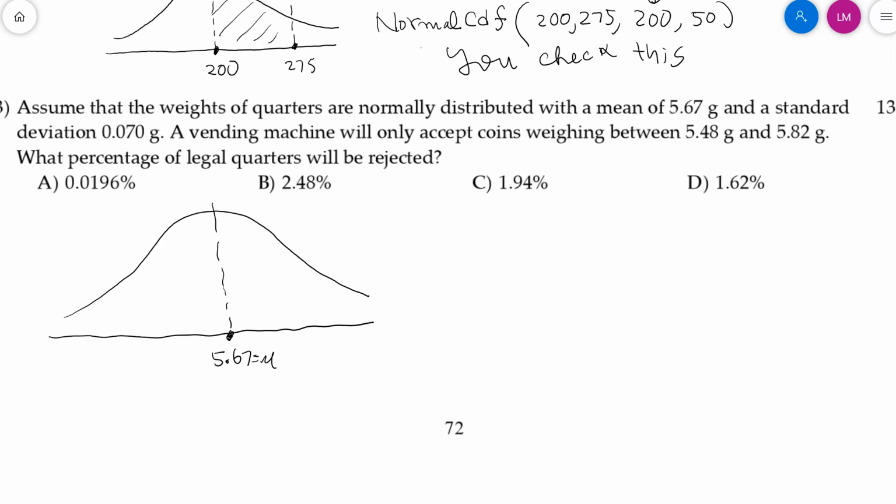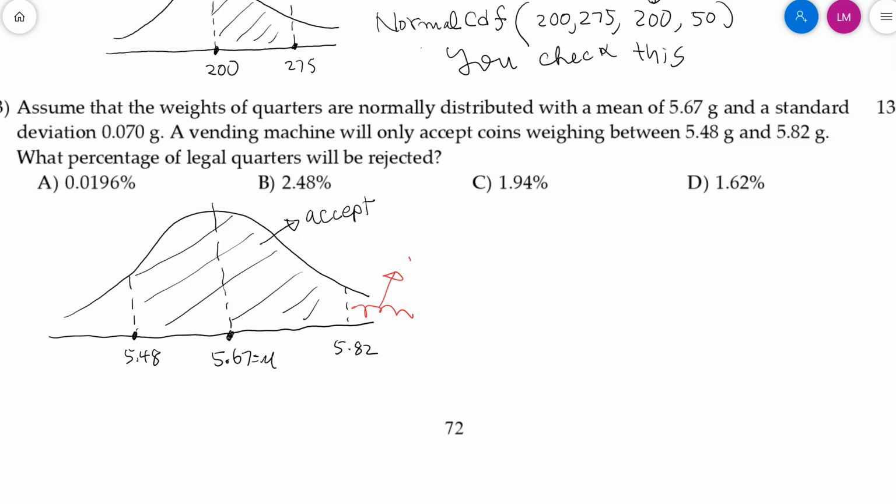They only accept coins between 5.48 grams and 5.82 grams. This is the area accepted. Anything bigger than that is rejected, and anything smaller than this is rejected. So the question is, what percent of legal quarters are rejected?